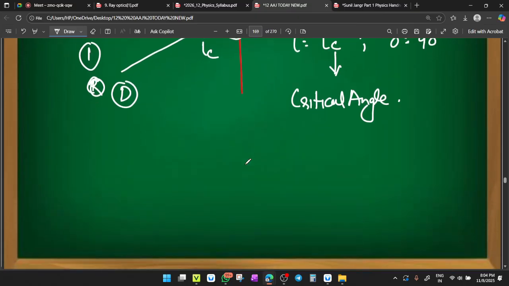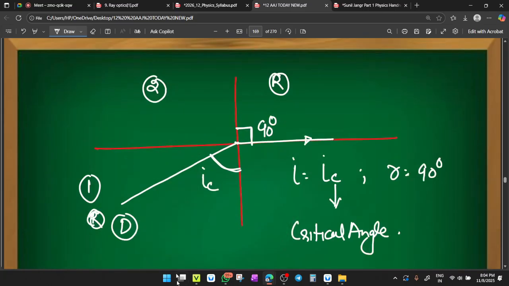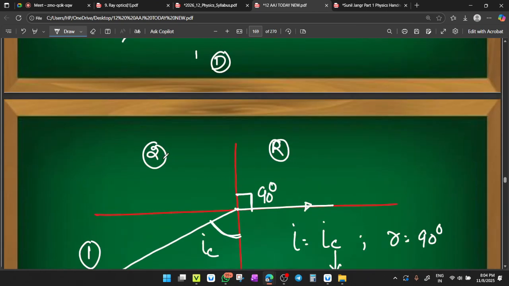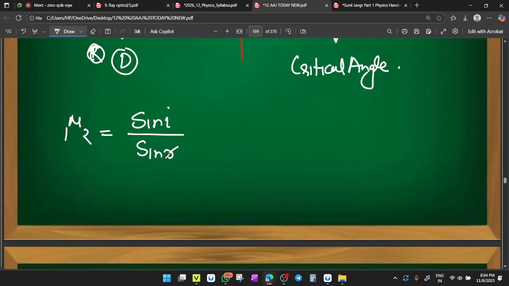1 mu 2 equals sine I upon sine R. Clear? Medium 1 and medium 2. Medium 1 is denser here and medium 2 is rarer here.